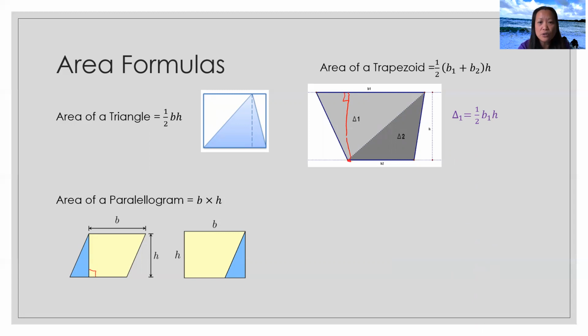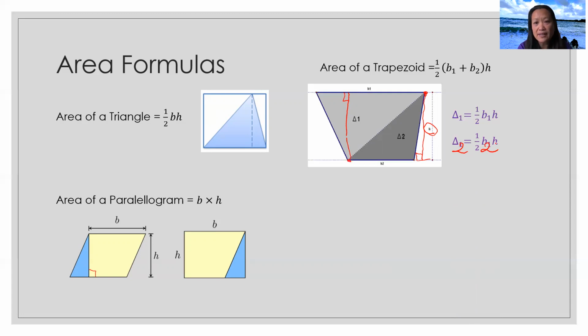Now triangle 2, since this is my base here, my height goes from this vertex right here, straight down, perpendicular. My height in this case just happened to be outside of the triangle, and it's the same as the height of triangle 1. So the area of triangle 2 is 1/2 base 2 times the height.